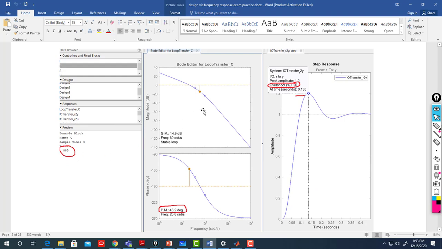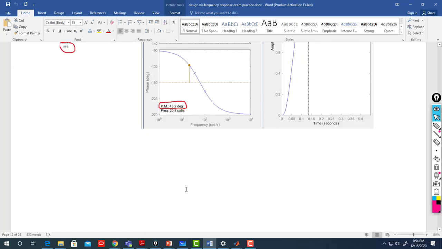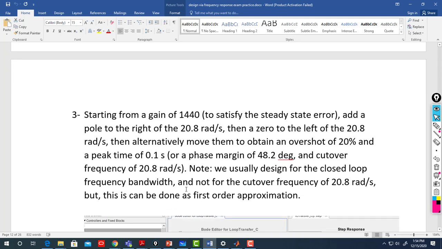Basically that's what I did, and I recorded the value. So an overshoot of 20 corresponds to a phase margin of 48. Then what's the third step? The third step tells you to start from a gain of 1440.